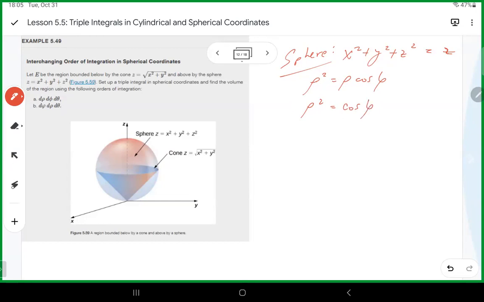Right? And then for the cone, sorry to go Christmas colors, we have z equal to the square root of x squared plus y squared.